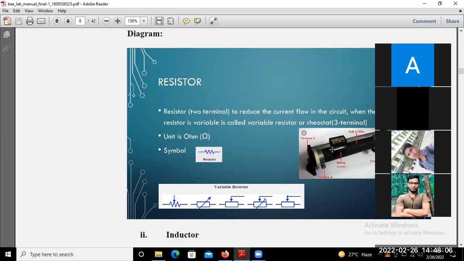And if the slide wire is placed at this position, the total resistance is connected in your circuit. This is the connection of the rheostat in a circuit. You may connect any particular resistance value, or the minimum or maximum.